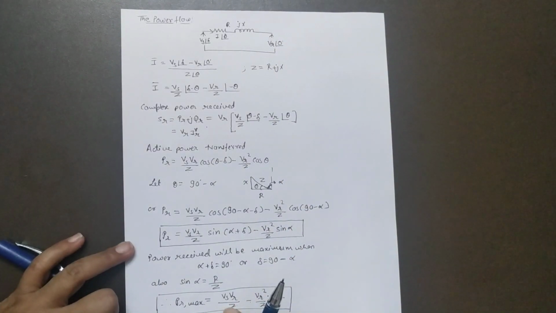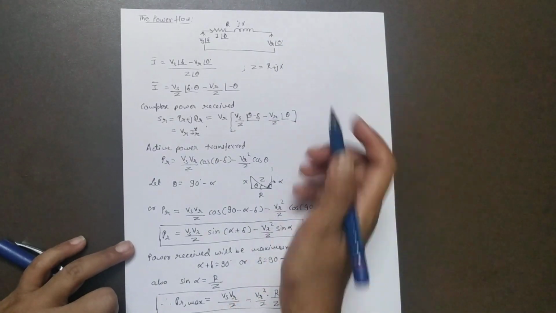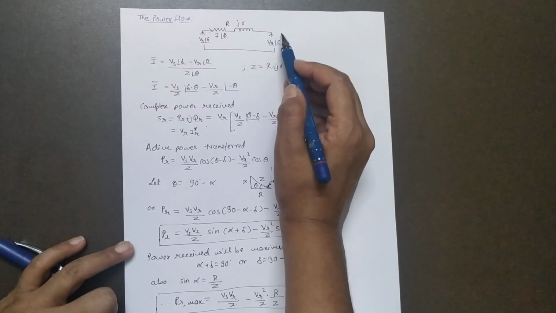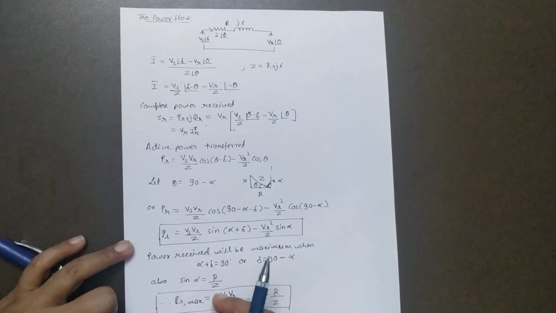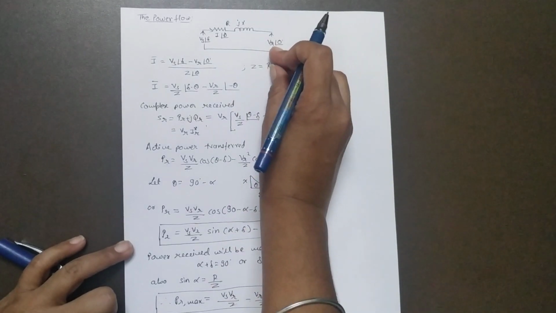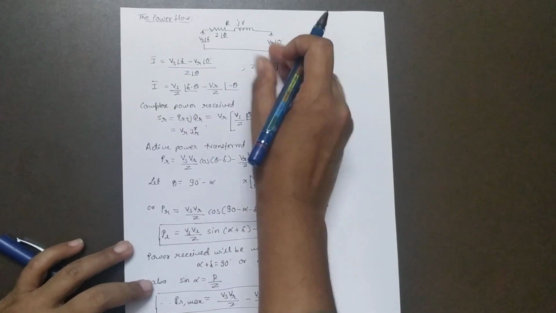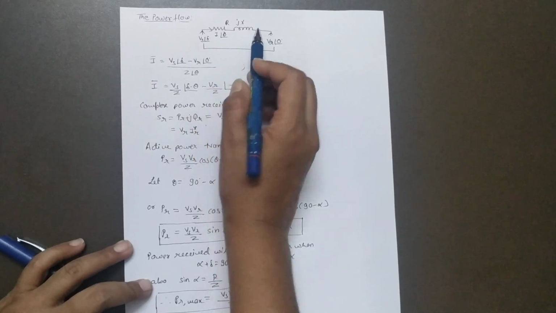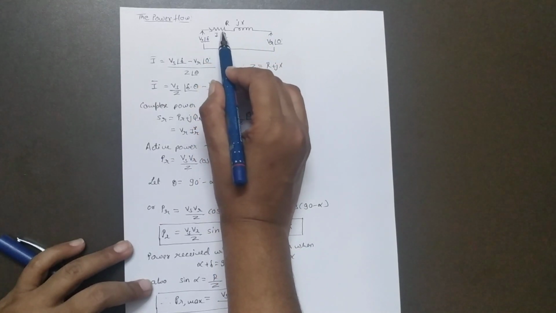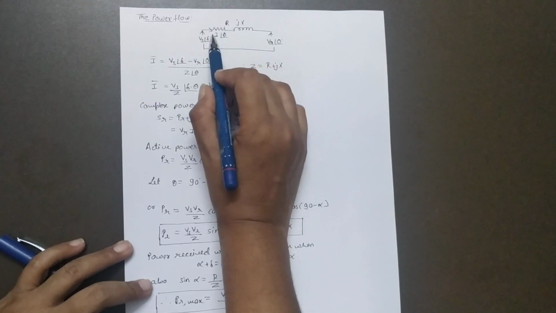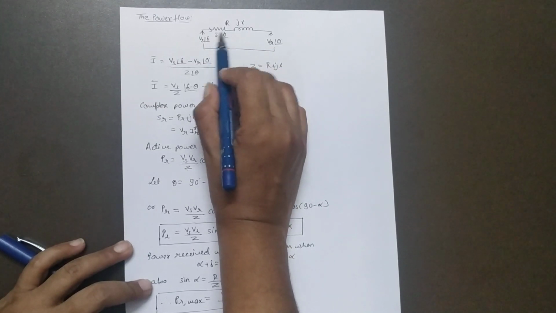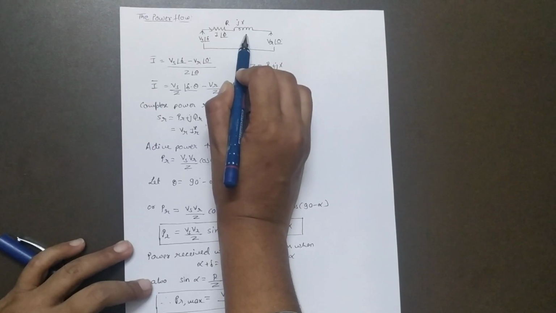Now this is the maximum power which we will get at the receiving end, and we can increase the amount of this maximum power by changing these parameters R and X of the transmission line.